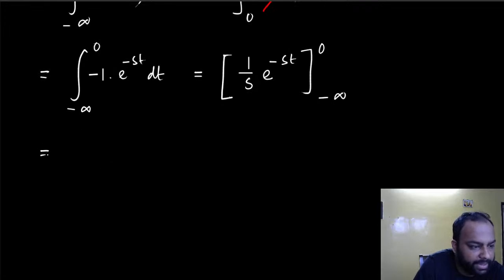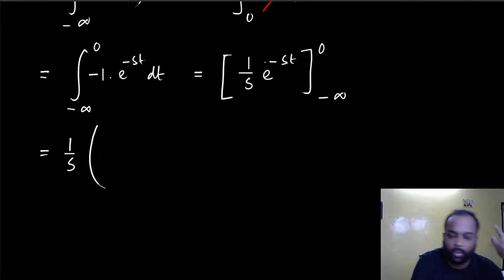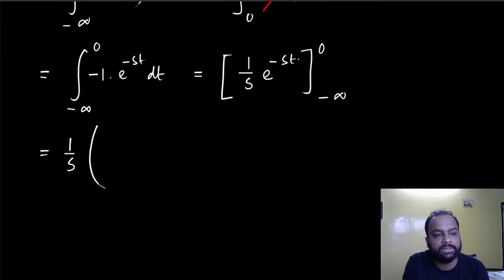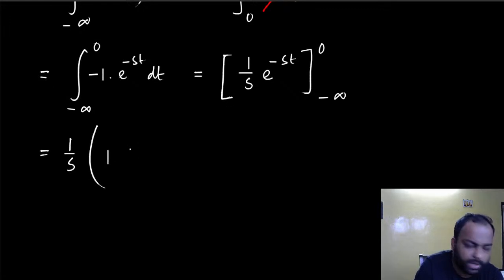I can bring 1 by s outside and put the upper limit in. If I put t equal to 0, then I have e to the power 0, that's 1. No issue with the upper limit.